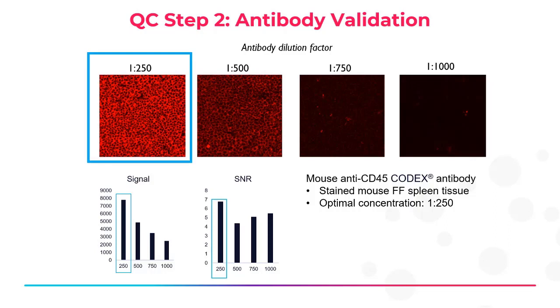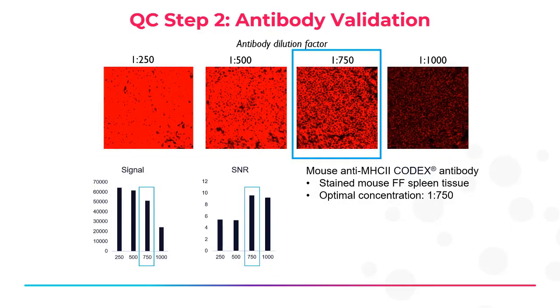We also assess the images to make sure there is minimal non-specific staining and signal saturation. Regions of interest are selected based on tissue quality, making sure to avoid areas of tissue with rips or autofluorescence. In this specific example, the signal is strongest at a titer of 1 to 250, and the best signal-to-noise ratio is also observed at that titer.